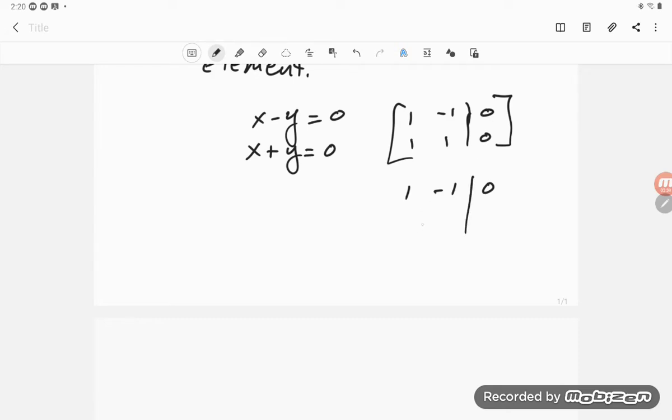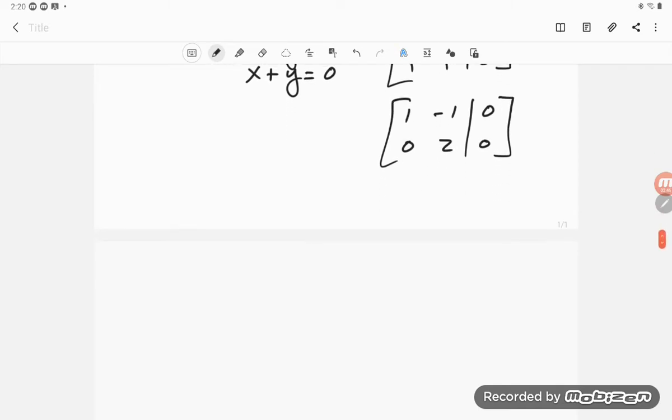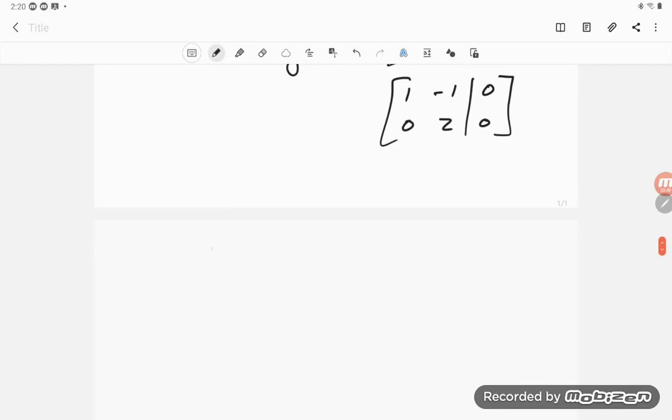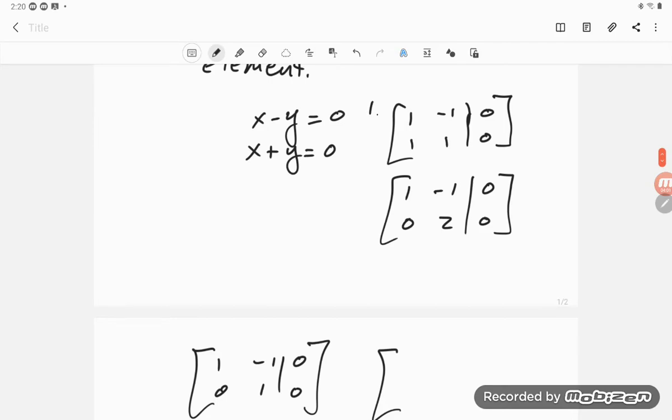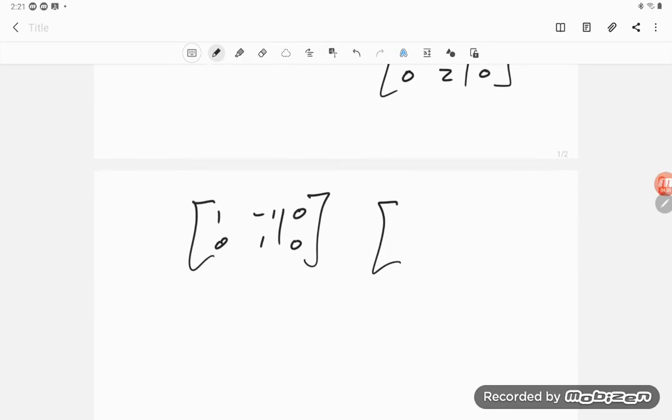Nothing ever changes there. And so here we'll get 0 and 2 and 0. And if I reduce that again, I get 1, minus 1, 0, 0, 1, 0. And then finally, my last one here. So this was the first one, second one, third one, fourth one.